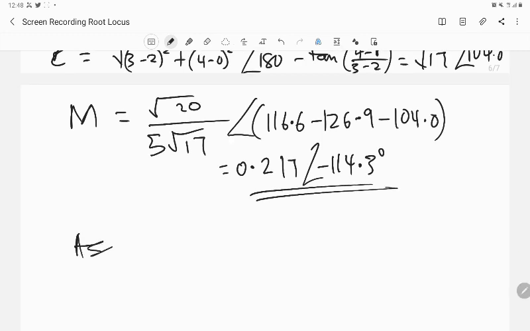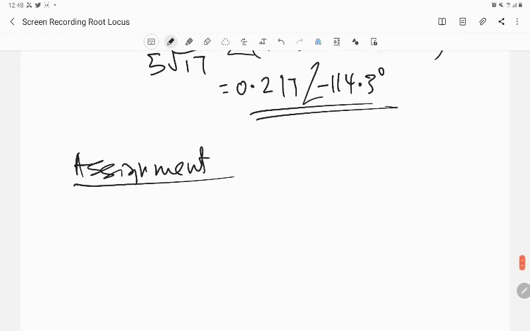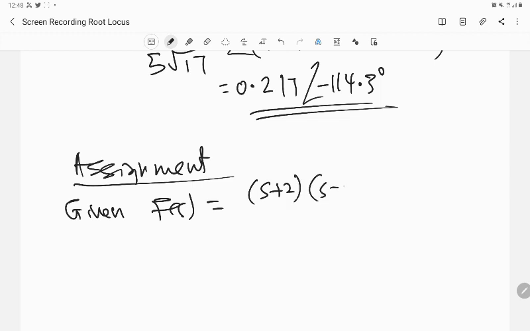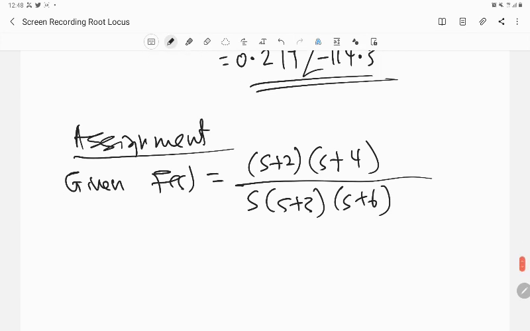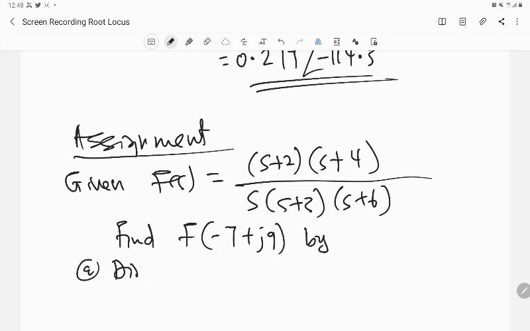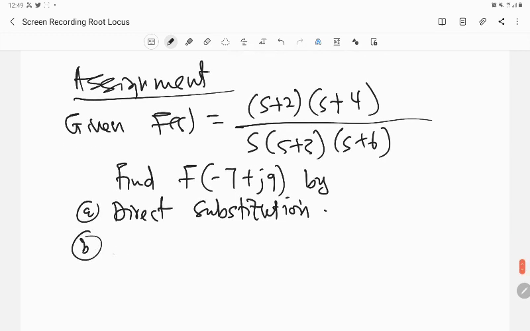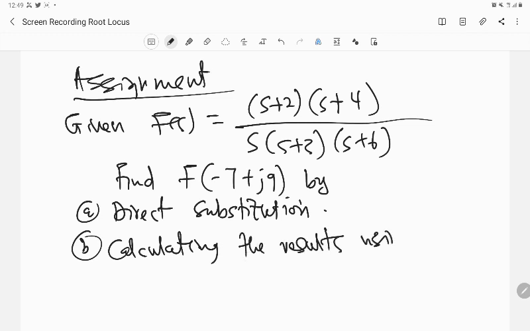So for the assignment, I want you to find, given f of s equals s plus 2, s plus 4, all over s into s plus 3, s plus 6, I want you to find f of minus 7 plus j9 by using A, direct substitution, and then B, calculating the results using vectors.